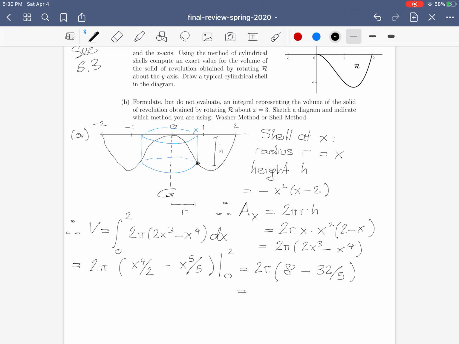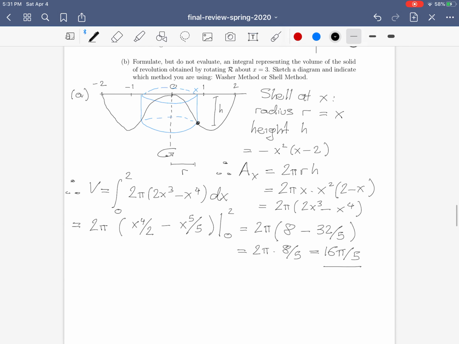And so this is 2 times pi times 8 minus 32 over 5, which is 2 pi times 8 over 5, which gives me 16 pi divided by 5. Okay, so that was the answer to part A.